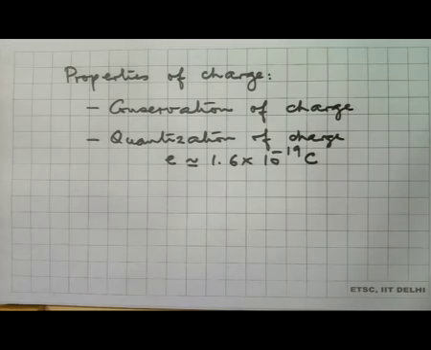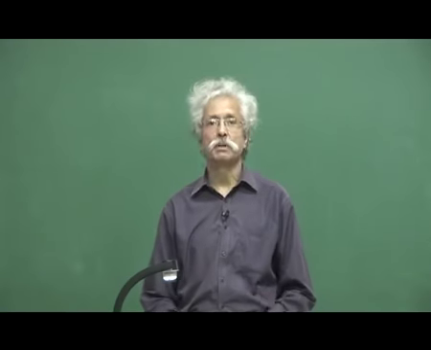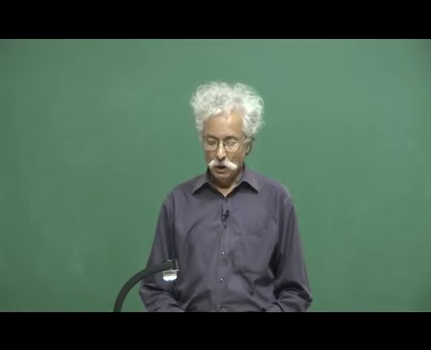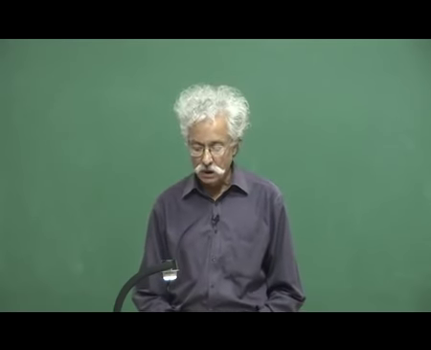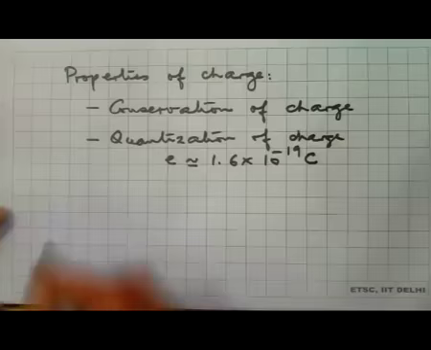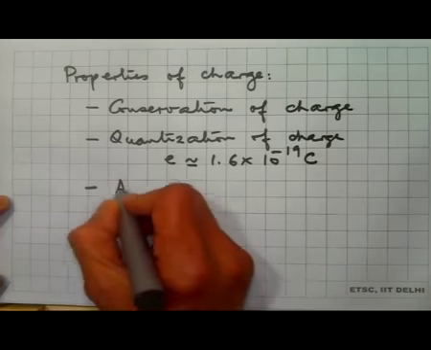So, all charges that you will ever find, positive or negative, will all be integral multiples of this number. So, you can have any integral multiple of this quantum of charge. You cannot have a charge which is say 2.9 times this number. So, this quantization of charge is another very important property, and third thing is additivity of charges.